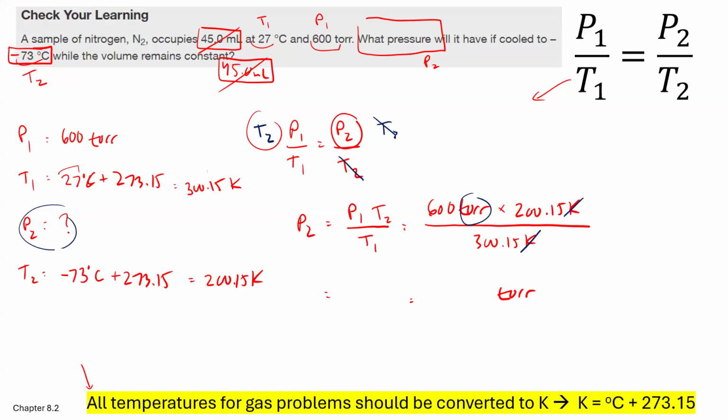Oh, sorry, 400 torr, which was the answer the book had, right? Because I messed up and didn't see that negative there. All right, problem solved. Glad that was an easy fix here. Let me make sure we're still recording. Yep, okay. All right, let's continue.